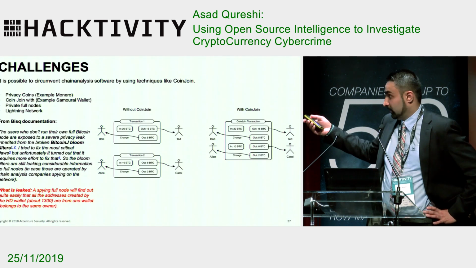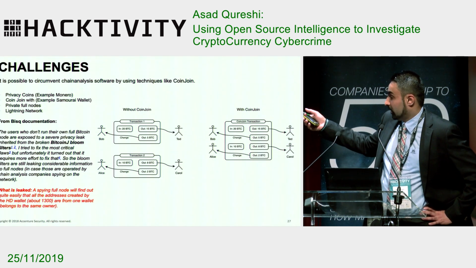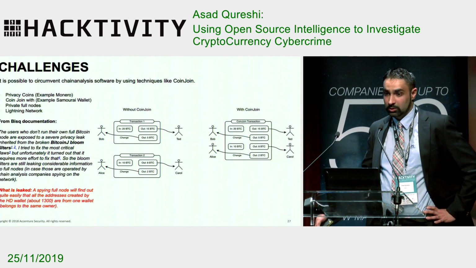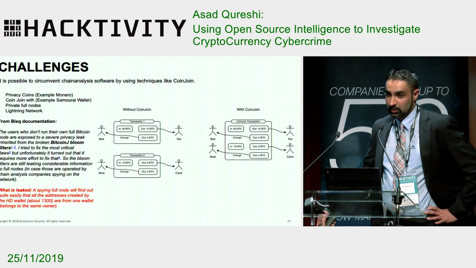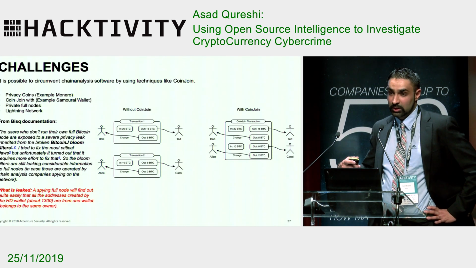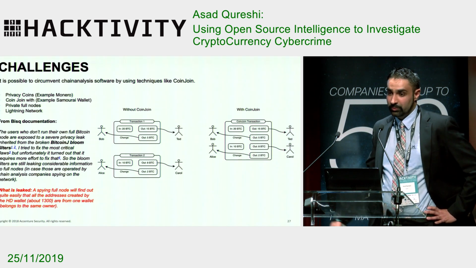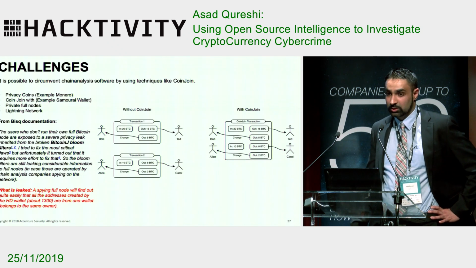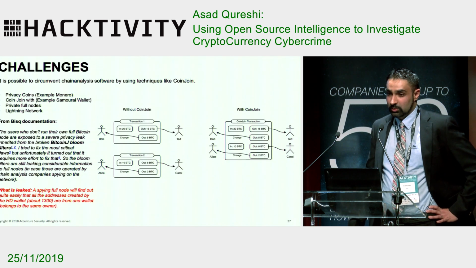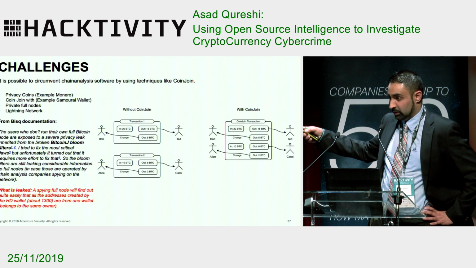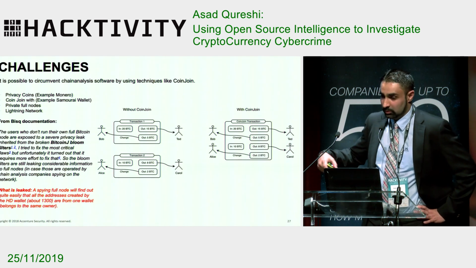But there is another thing with CoinJoin. If it's not implemented properly, we have had some wallets like Wasabi wallet, which reuse the UTXO, the unspent transaction output. Then the implementation of CoinJoin is not that good, so we can still detect that transaction, because the mix is not done properly.